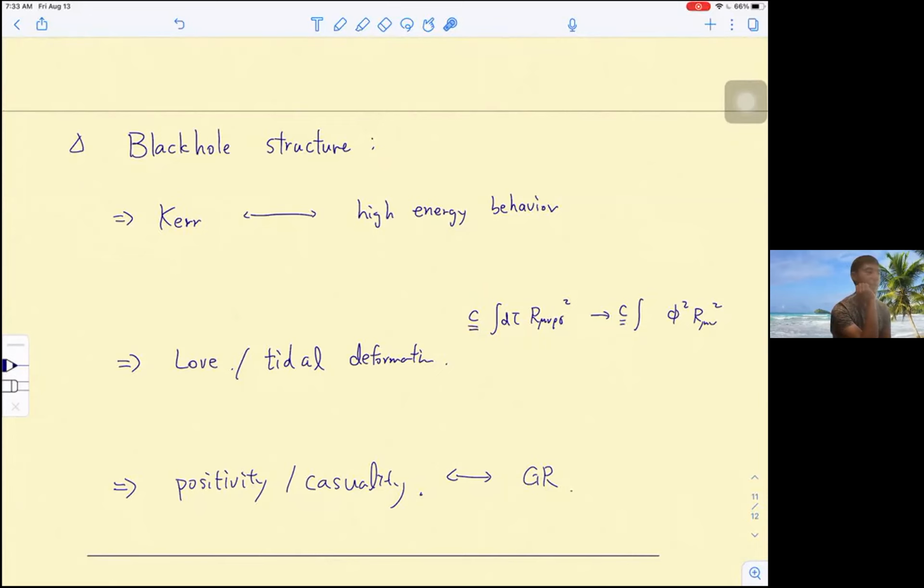And from the amplitudes point of view, it probably would need something like the Kerr black hole analog, where we cannot fix the coefficients of the higher spin interactions, but there's some special property in the amplitudes, for example the high energy behavior, that could be the connection to the Kerr black hole. So I don't know what the analog is for the tidal deformation or Love number, but if there's something like this, then I expect some connection like the Kerr black hole and the high energy behavior.